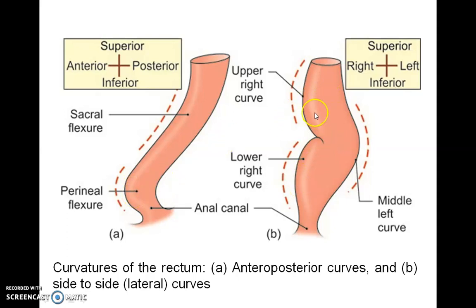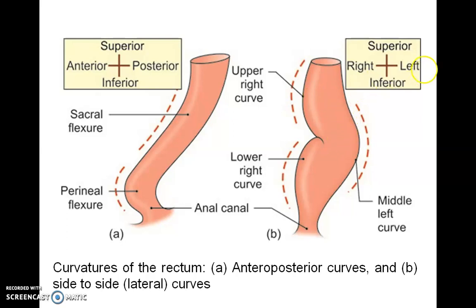Here the lateral curvatures are shown. Three curvatures are there. First, the upper lateral curve is convex to the right at the junction of S3 and S4. This is the middle lateral curvature. It is convex to the left at the sacrococcygeal junction.